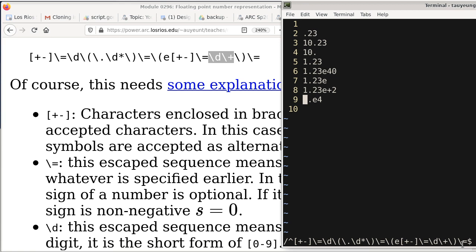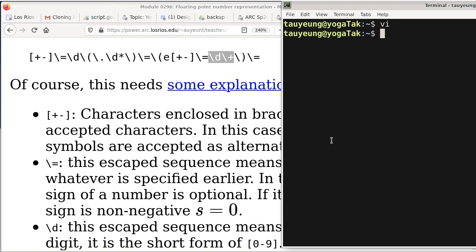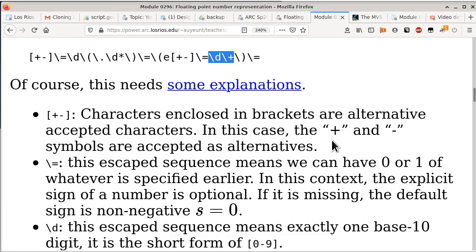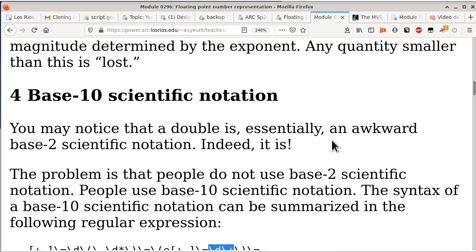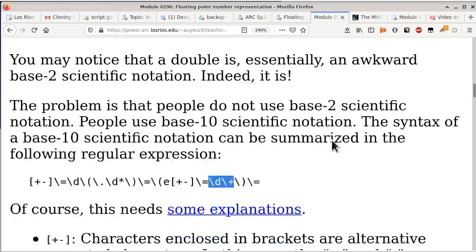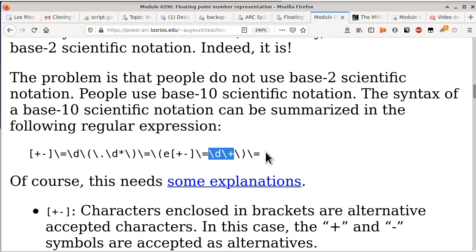Now, if I give you a number, okay, so I'm going to close this and get rid of that for now. So if I give you a number in base 10 and it does fit this particular description here, how do you write your logic to recognize that thing, and how would you represent the base 10 scientific notation but only using integer types?